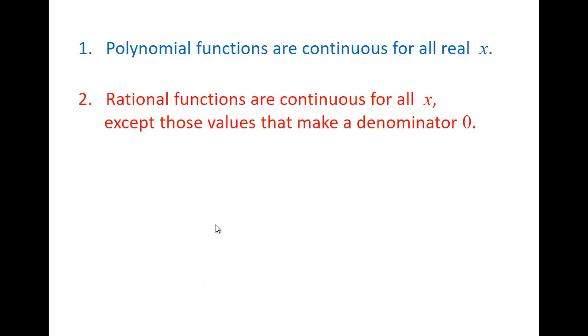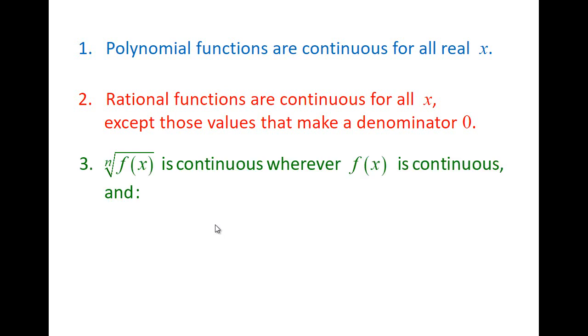For a rational function, it's the ratio of two polynomials, so both the numerator and the denominator are continuous on the entire set of real numbers. So a rational function will be continuous everywhere except where the denominator is 0.